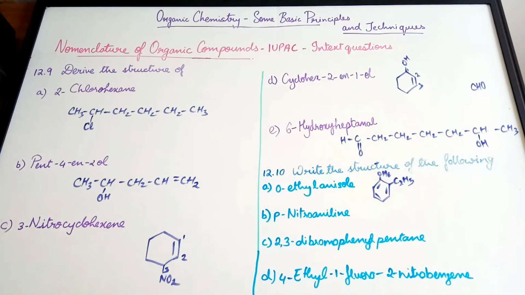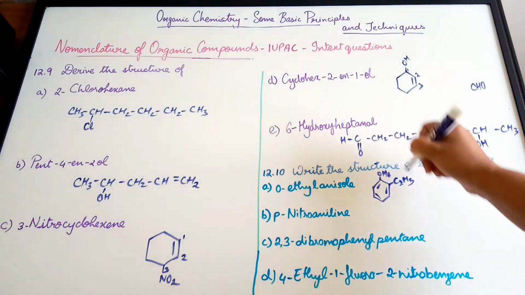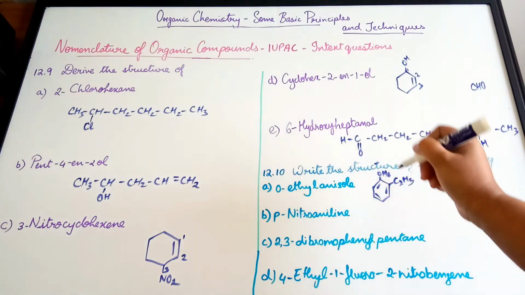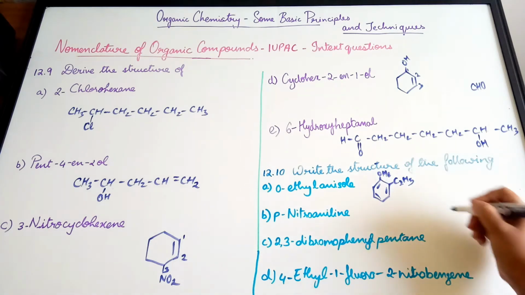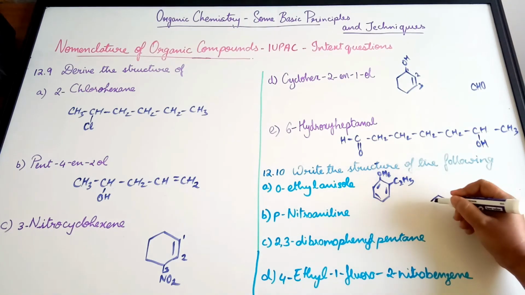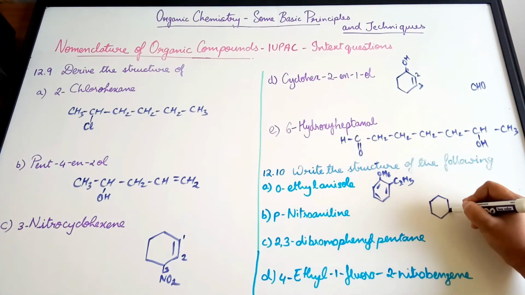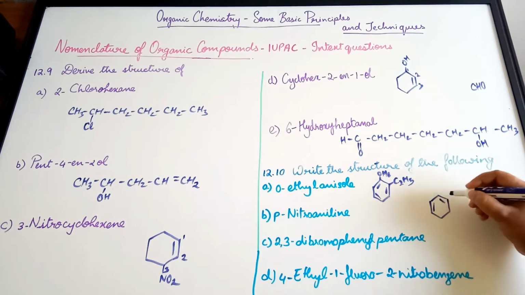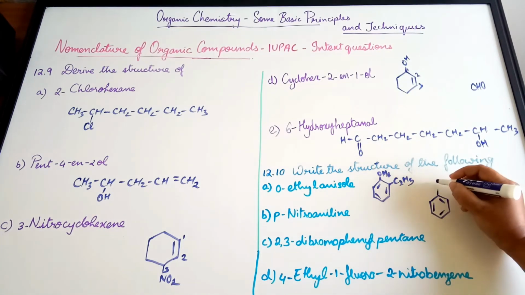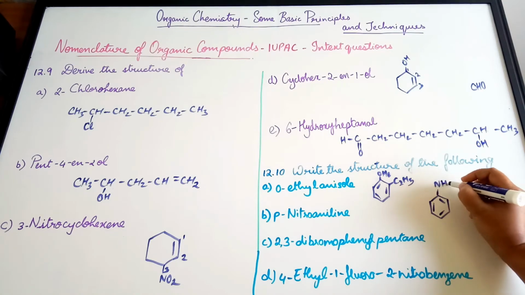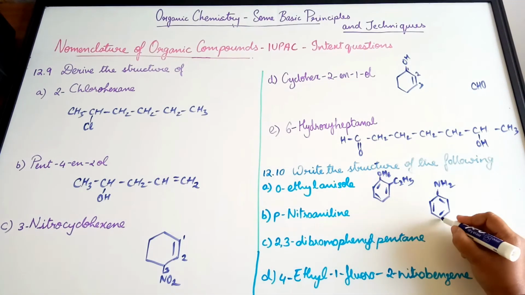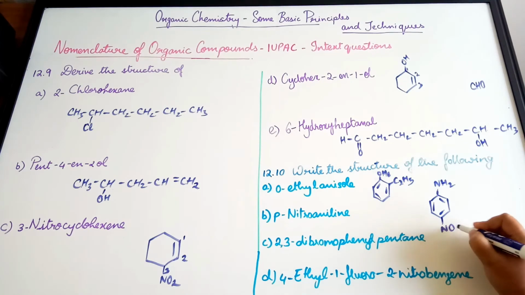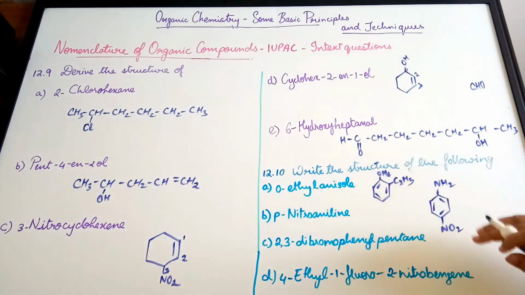Now this C2H5 could have also been on this side, that is also an ortho position to the OMe. Next, para-nitroaniline. So first of all, this is an aniline ring, which means it has an NH2. So NH2, and at the para position it has an NO2. So there are no other positions which are possible for this structure.